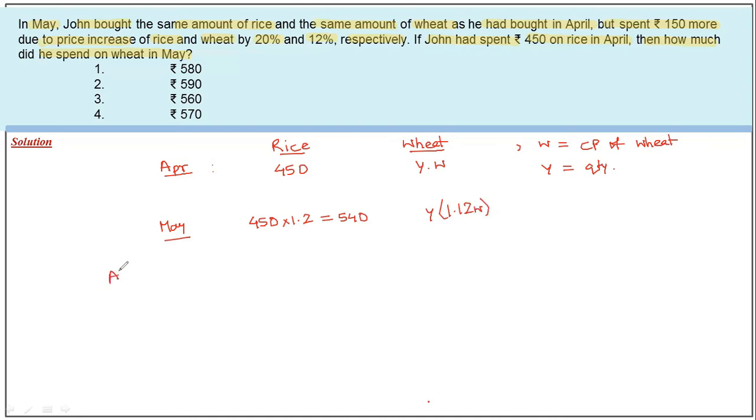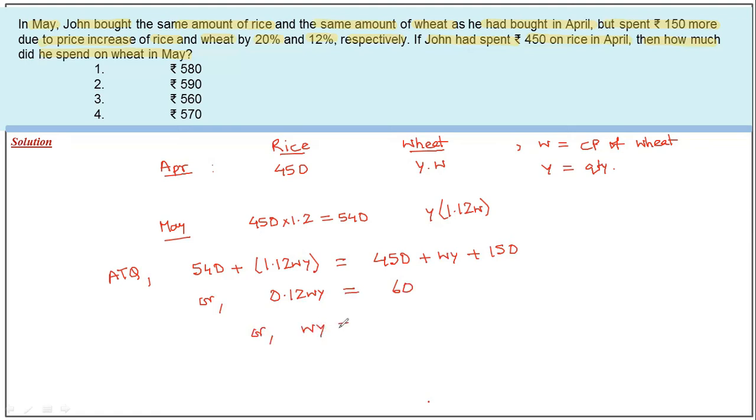Now according to question, 540 plus 1.12 wy is equal to 450 plus wy plus 150, or 0.12 wy is equal to 60, or wy is equal to 500.